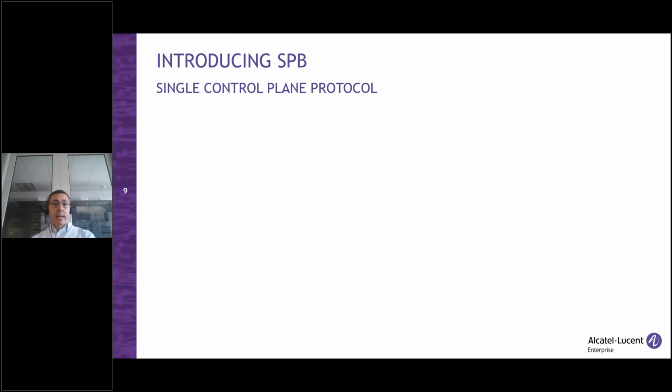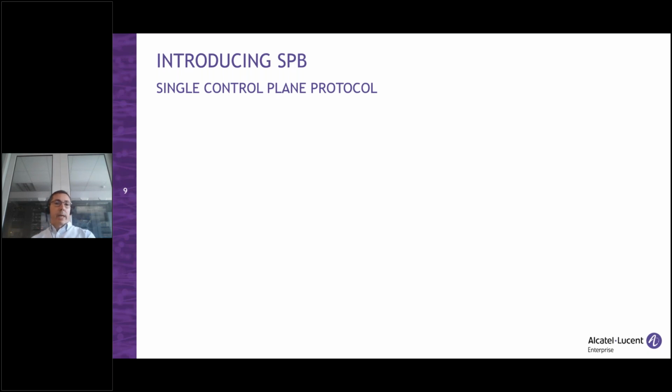Because the MPLS control plane is more complex and heavier, this results in more complex deployment, troubleshooting, longer training and certification requirements than when using SPB. Because MPLS uses a stack of protocols and every protocol in the stack has a dependency on the ones below.